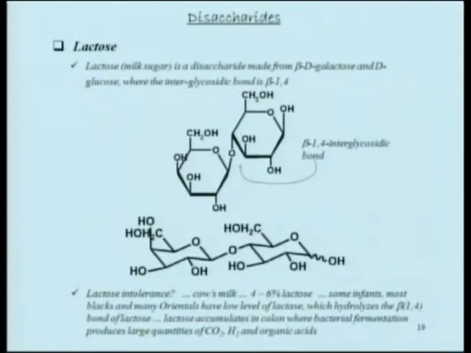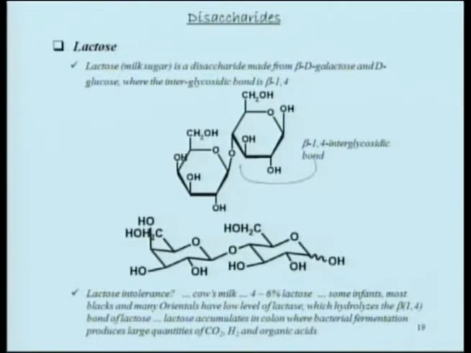One last point about the structure that I think I want to point out is the following. So here, for example, this is lactose. Lactose is a combination of beta-D-galactose and D-glucose. The interglycosidic bond is beta 1,4. So this is position 1 connected with position 4. This orientation is similar to the CH2OH, and therefore this is beta.